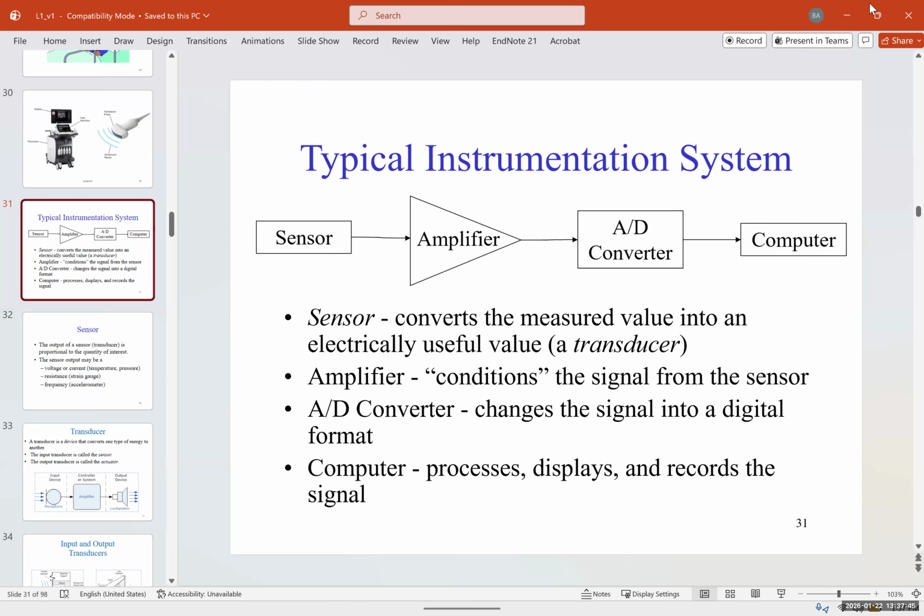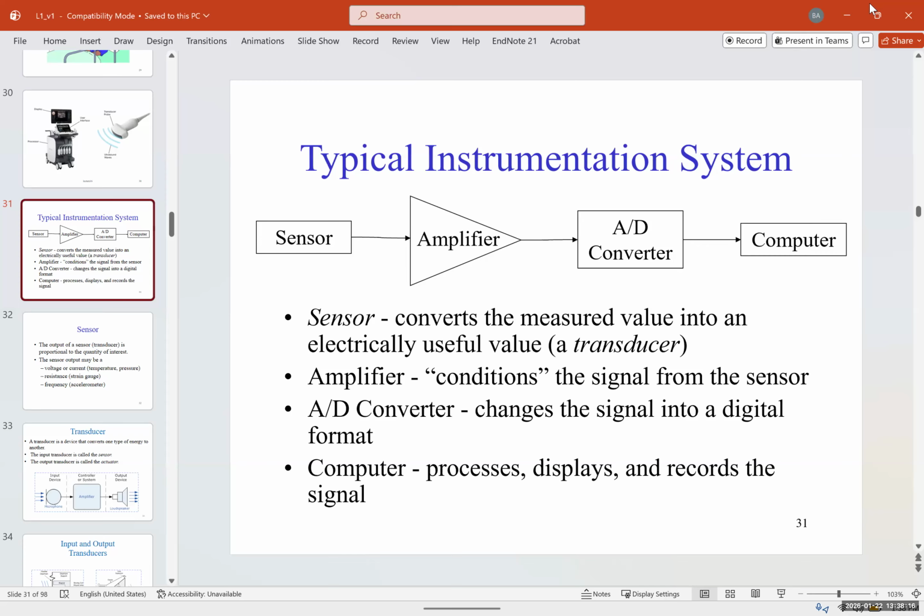A transducer is a device that converts one form of energy to another, so mechanical to electrical, for example, or a voltage to current. Then we have the amplifier, which conditions the signal from the sensor. We have the A to D, or analog to digital converters, which change the signal into a digital format. Then we have the computer itself, which displays, processes, and records the signal.